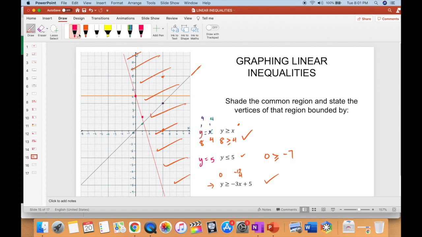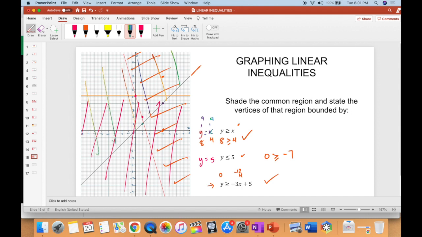For the orange line it is this region, right? And for this line, y is equal to x, it is this region. So we could see that the region common to all of them would be this little triangular region here.